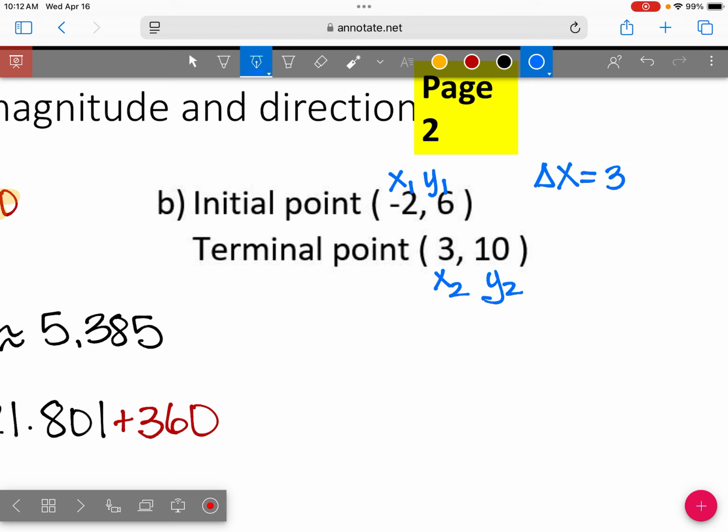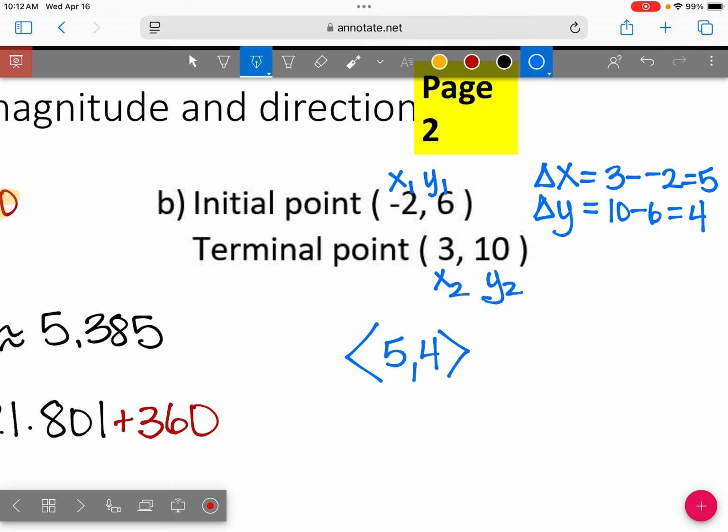So that would be 3 minus negative 2, which gives me 5. And then my delta y, that would be 10 minus 6, which is 4. So the component form for this vector would be, I'm going to use my little pointed brackets, bracket 5, 4 bracket. So again, this is my delta x and my delta y.